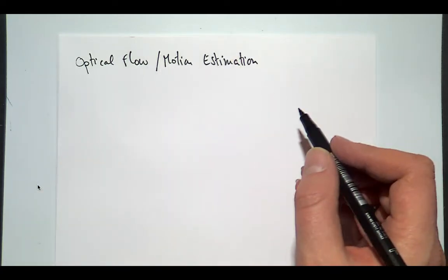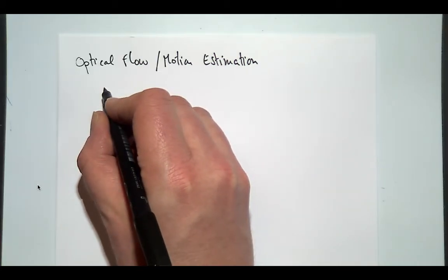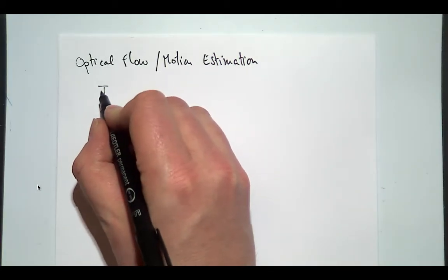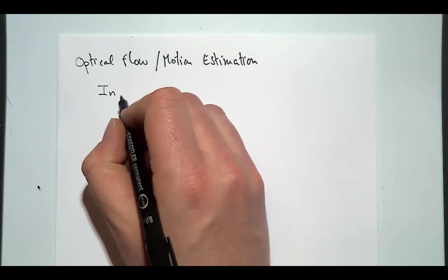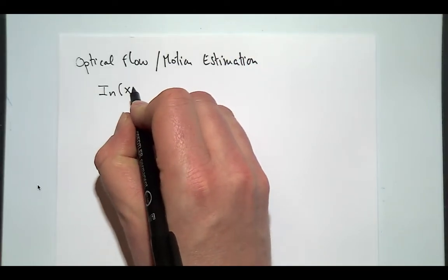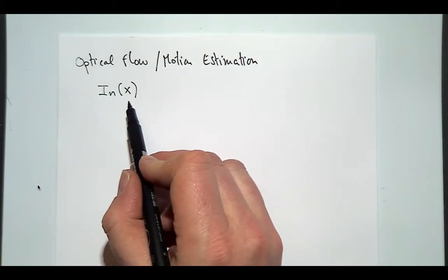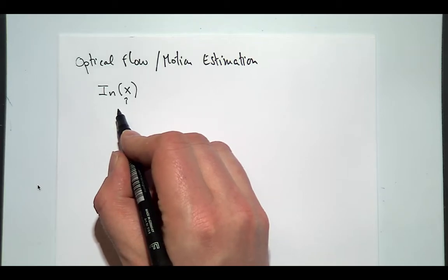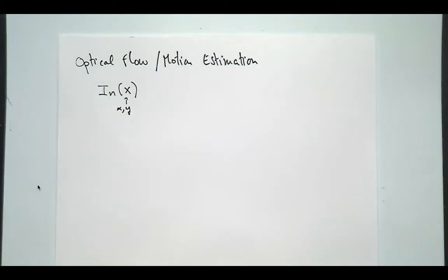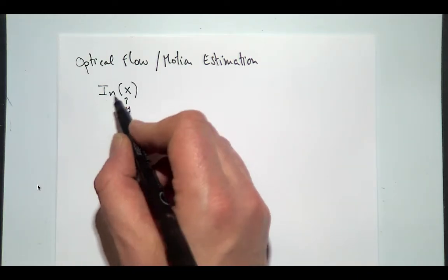So let's start from the beginning. The equation looks something like this. You have the picture at frame n at some location x. When I write x this way, what I really mean is small x and y, the pixel coordinates, so I use vector notation.